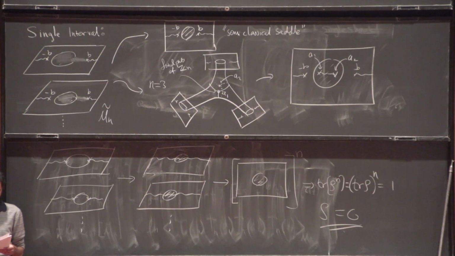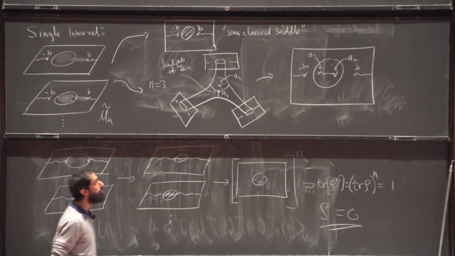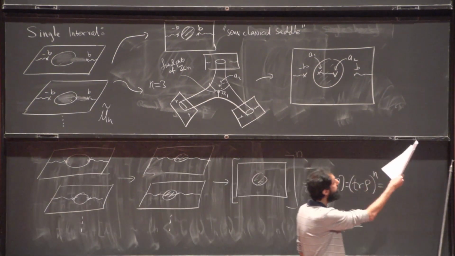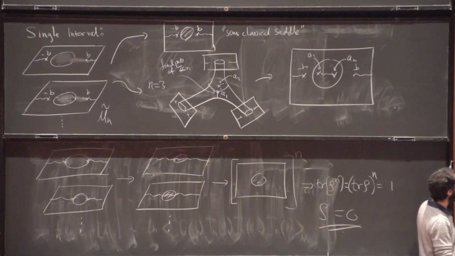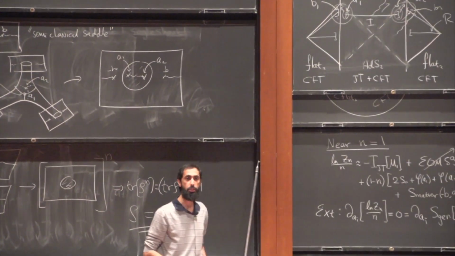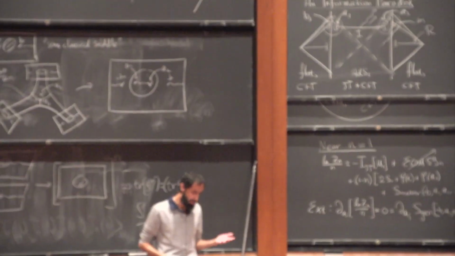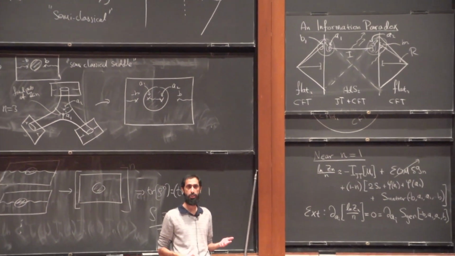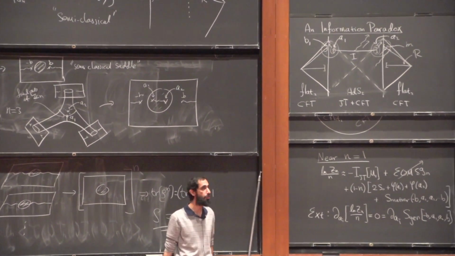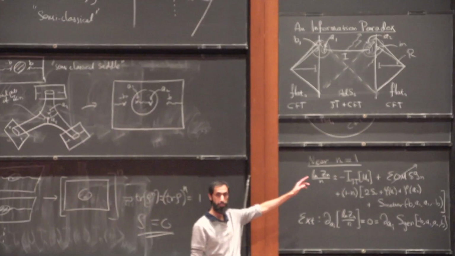And finally, it would be interesting to run the PETS map discussion in this situation to show that the interior is part of the outside. You can say the same words that have been said for entanglement wedge reconstruction using JLMS and so on to say that the interior is dual to the exterior.